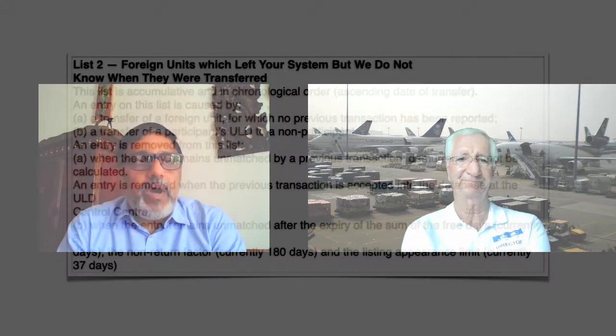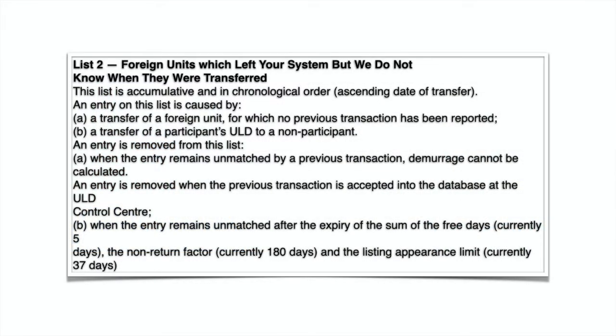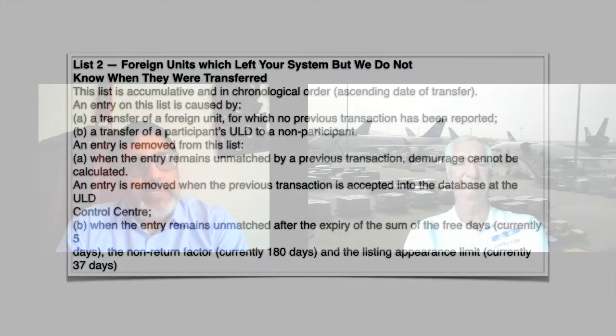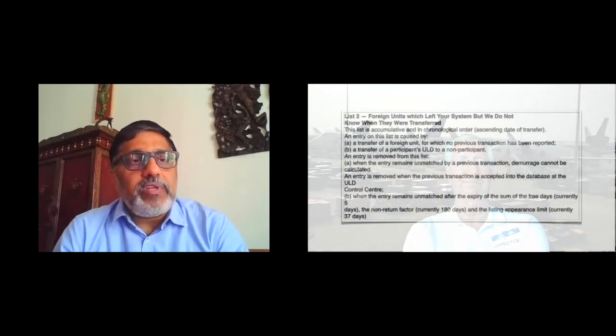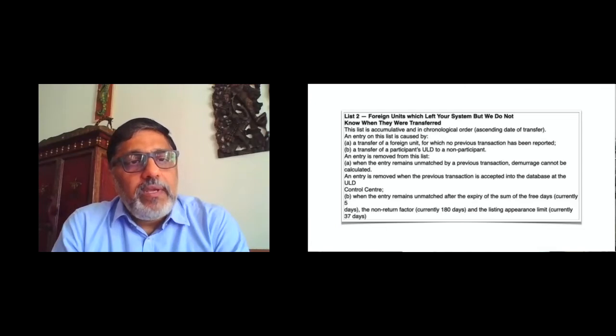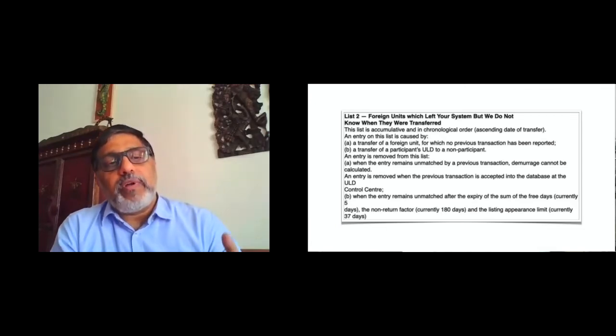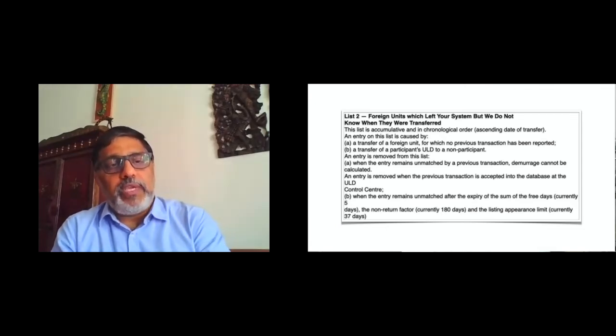Now if we move on to list 2, list 2 gives us foreign units which left your system, but we do not know when they were transferred. This would indicate that there was no muck out by the transferring carrier. Let's take, for example, Emirates receives a unit from, say, British Airways, and Emirates updates the return transfer to British Airways, but British Airways has not put in the out transfer from their system into the EK system.